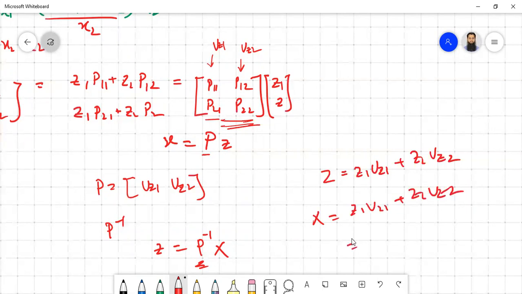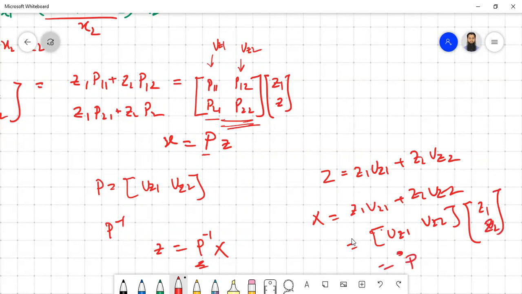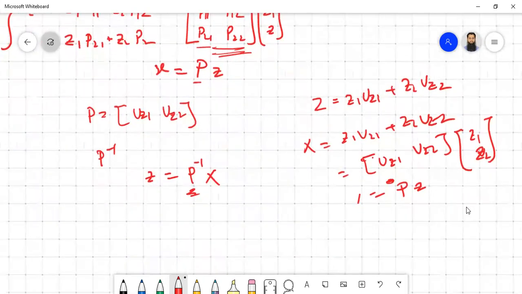We can easily write this in matrix form, Uz1, Uz2 times z1 and z2. So P Z equals X. A simple, short way to see that the coordinates of Uz1 and Uz2 form the matrix P. It's not that complicated; we should keep it as simple as possible.